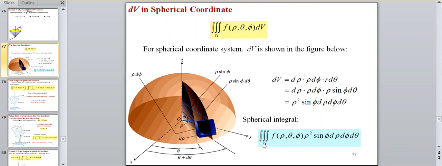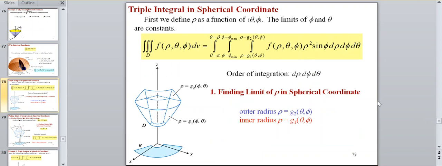Next, we are going to see how we describe the region D in a spherical coordinate system. Look at the next page. Listen very carefully. According to this, first we are going to find the limits for rho, then for phi, then for theta.